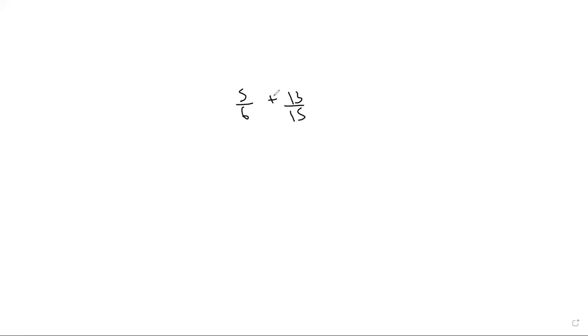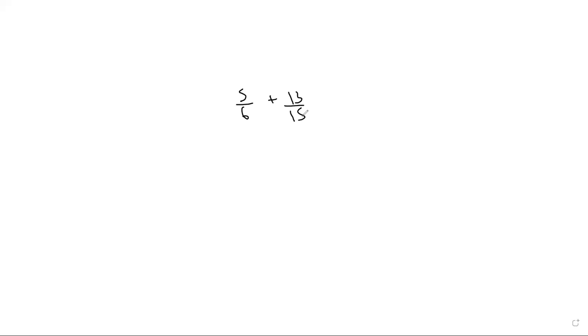Sorry, say that again. 90. 90 would work? It would work, but it's not the minimal number that you can use. So it is a multiple of both of them. Sorry? 30. Yes, exactly, 30.